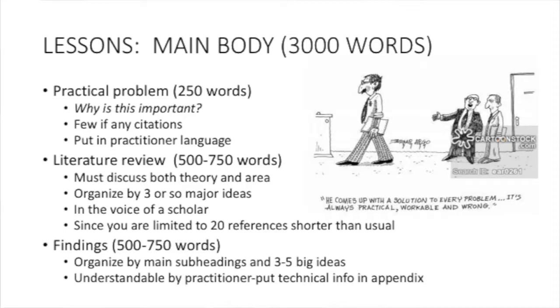And then you move into the findings. That's 500 to 750 words, meaning roughly 2 to 3 pages again. And try to organize these by main headings, subheadings, and 3 to 5 big ideas once again. This is supposed to be understandable by the practitioner, and so put any of the technical stuff in any appendix that you have.